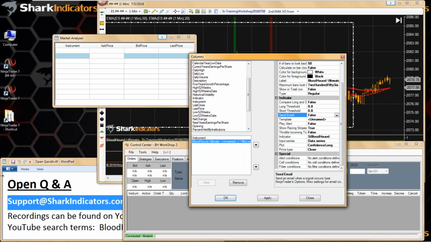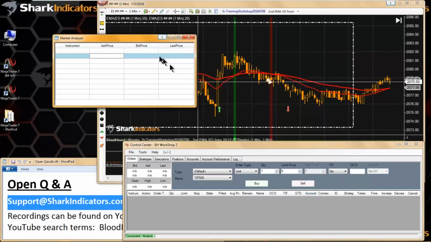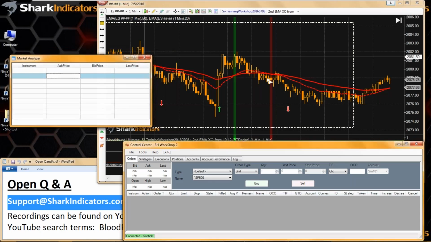Oh, okay. So Gary has a unique indicator that puts text on the chart, or is it just text on the market analyzer? Oh, okay. So text on the chart, or data to the market analyzer. Right. So Gary, here you go. This is what you want to do. It is quite possible.